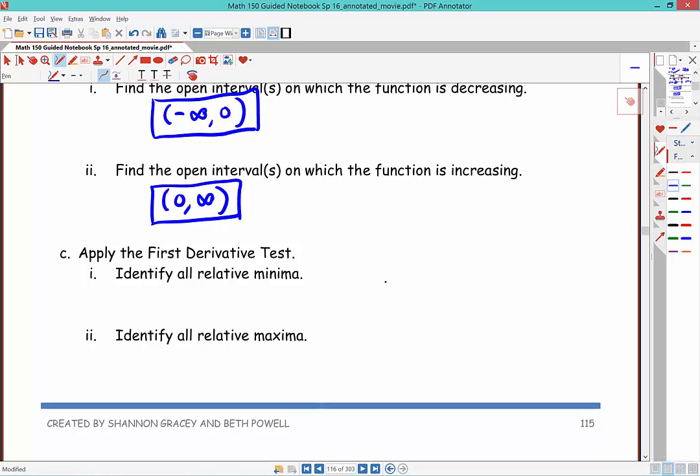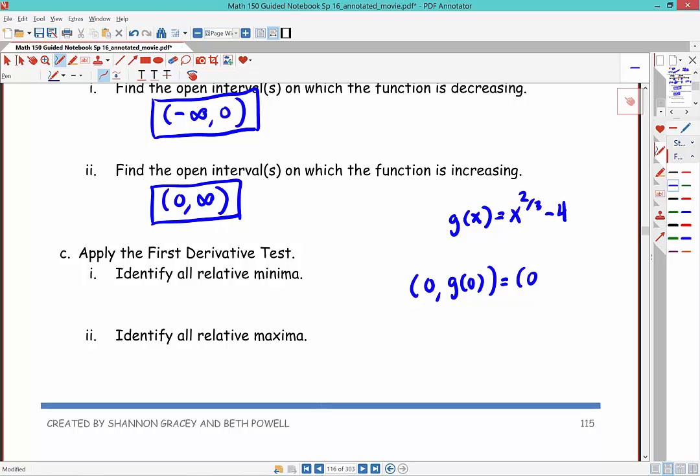So we know that at 0, g at 0, there's a relative minimum. And remember that g of x originally was x to the 2/3 minus 4.